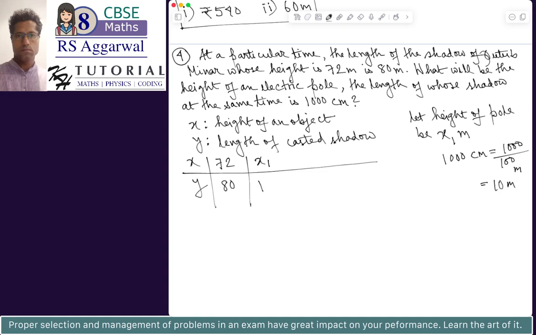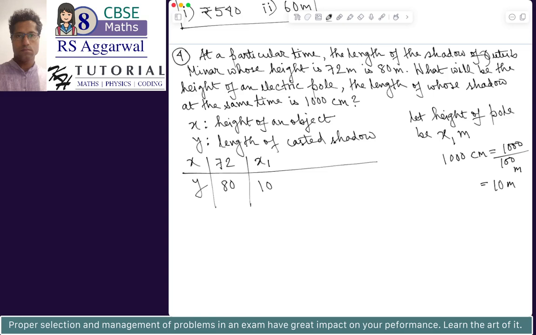So we have 10. Now we know that the quantities x and y are in direct variation, because the height of an object and the length of its casted shadow are in direct variation. If the height of the object is more, then the length of the casted shadow will be more, and vice versa.